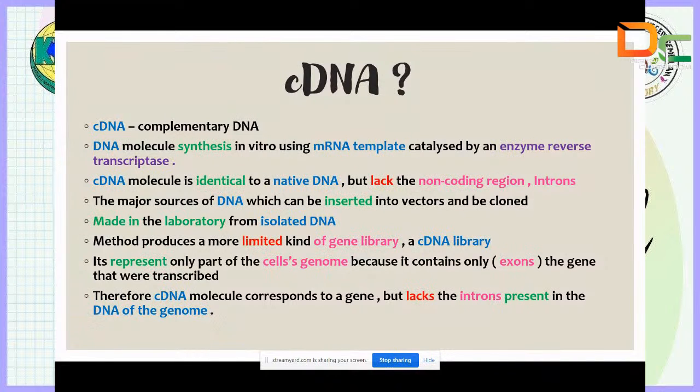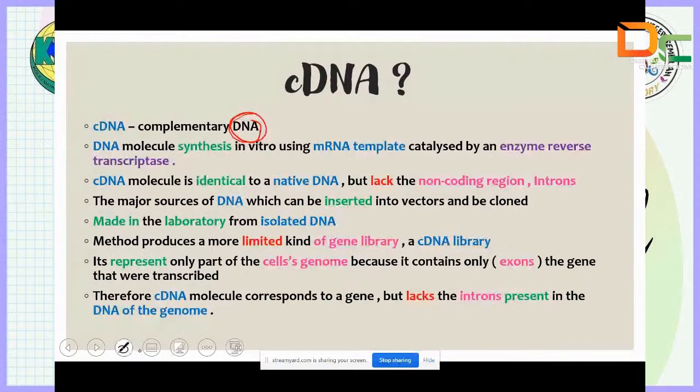It is a DNA molecule synthesized in vitro using an mRNA template, catalyzed by the enzyme reverse transcriptase. DNA molecule synthesized in vitro using mRNA template catalyzed by enzyme reverse transcriptase.